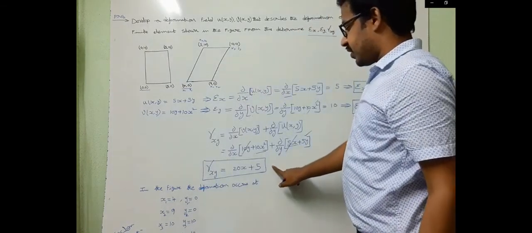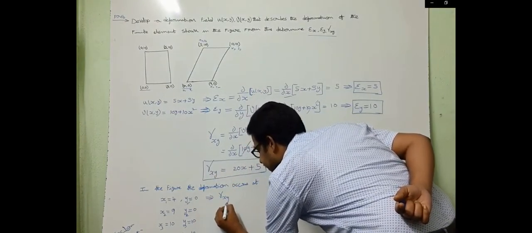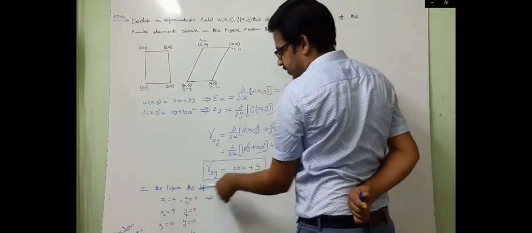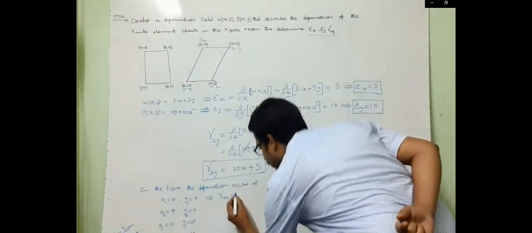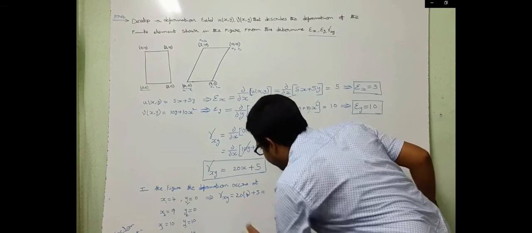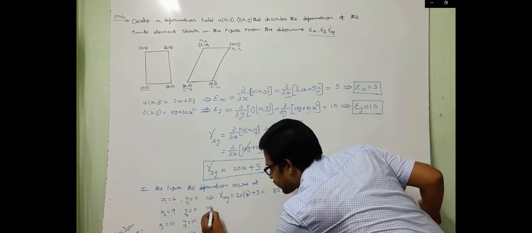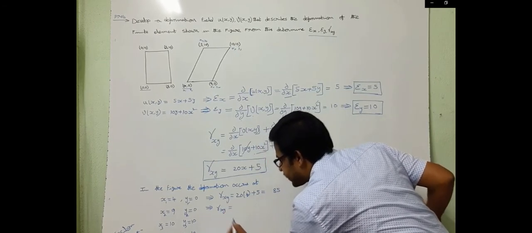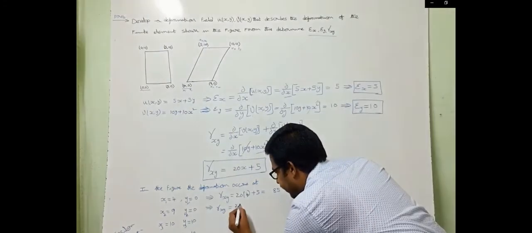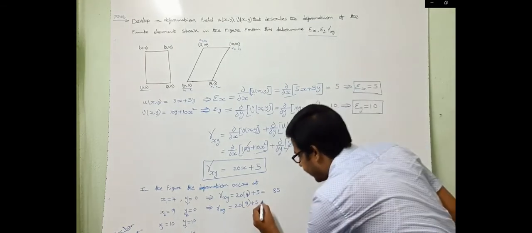So here in this equation we need to substitute these values. Gamma xy is equal to 20 into x. What is the x value? 4. 20 into 4 plus 5 is equal to 80 plus 5, 85. Coming to the next one, gamma xy is equal to 20 into 9 plus 5, so 20 into 9, 185.